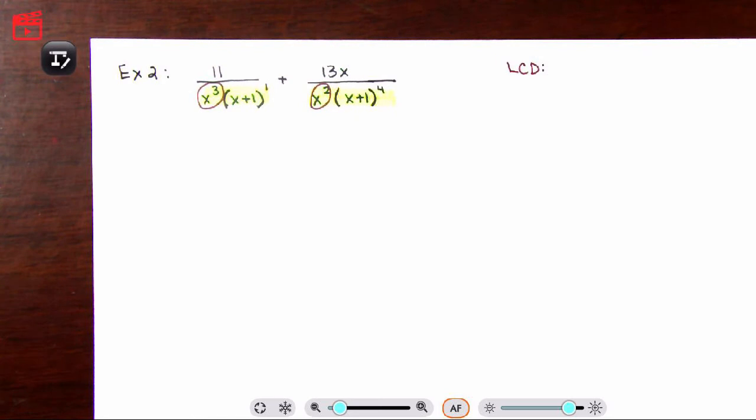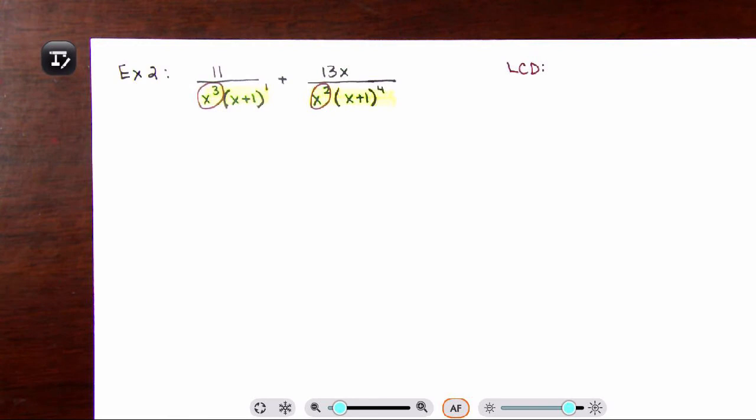Now, if it is in expanded form, you have to factor both the denominators. If it is in factored form, that kind of helps you out because then you get to skip step number 1, which is to factor. If it's already factored, you're done. So step number 2 is to convert to common denominators. Multiply top and bottom by finding the least common denominator. You're going to ask yourself what is missing from each denominator.